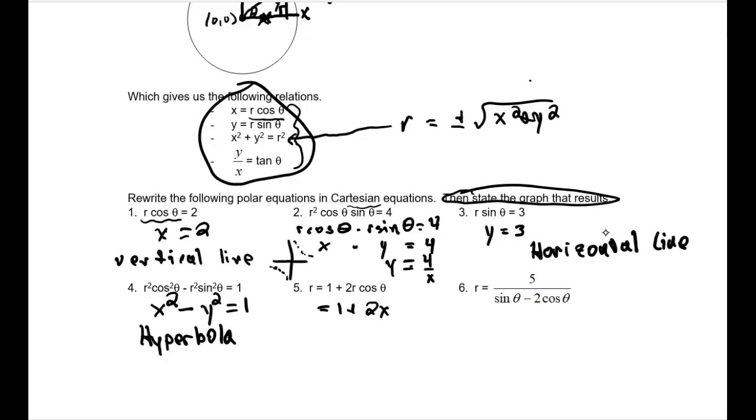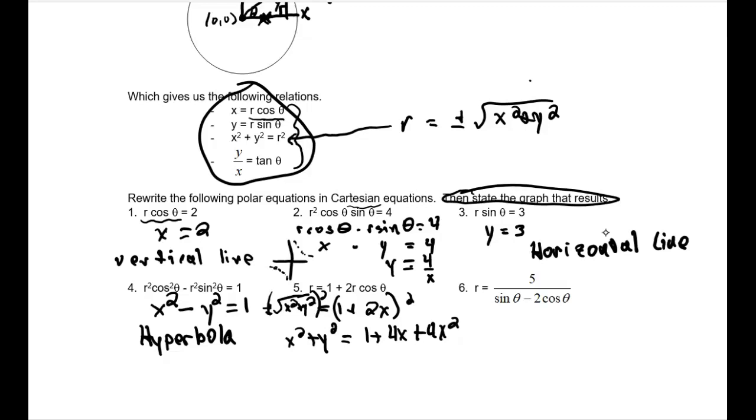So that's what we plug in down here. X squared plus y squared, positive or negative. That's a plus minus sign. If I square both of those sides, we would get x squared plus y squared equals 1 plus 4x plus 4x squared.